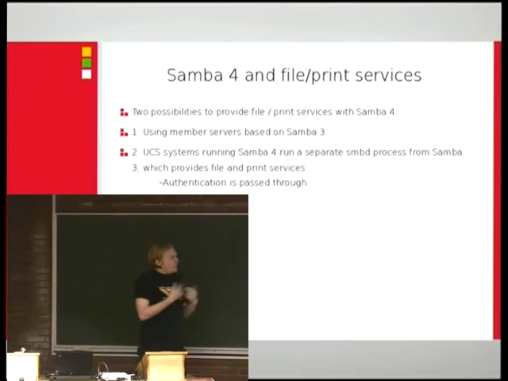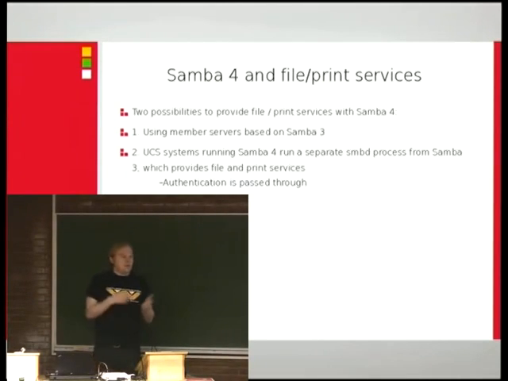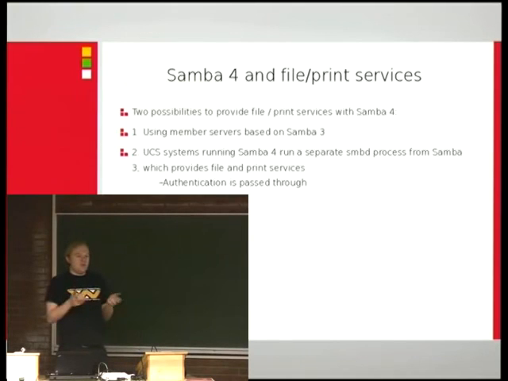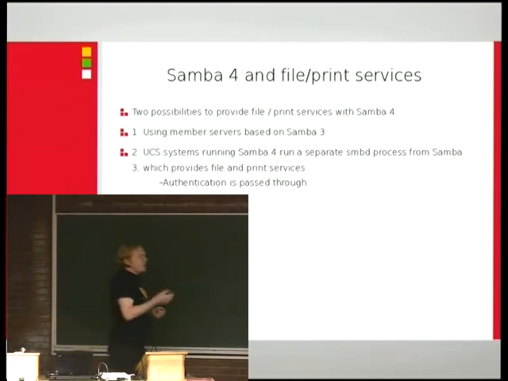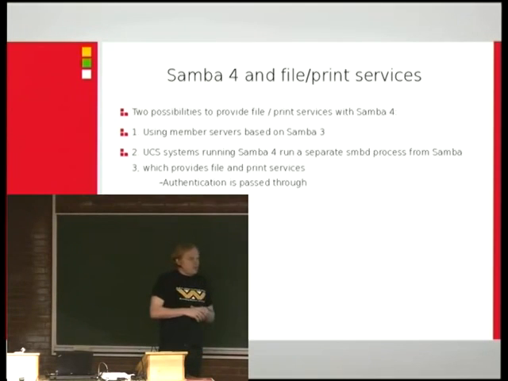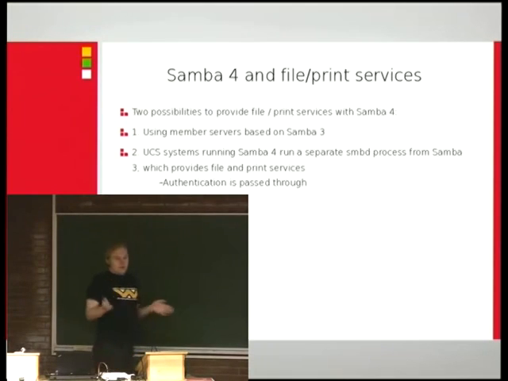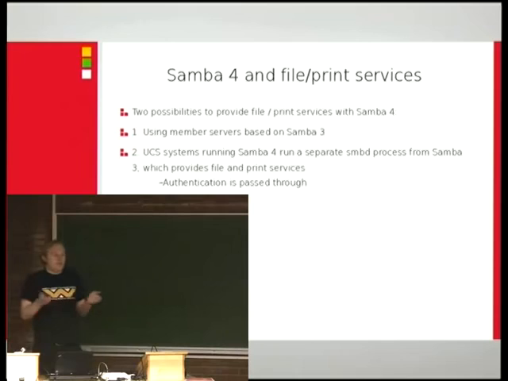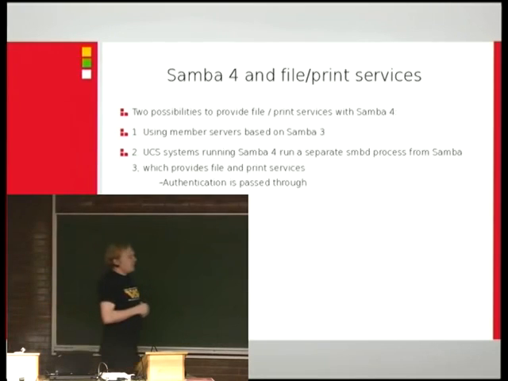And for these member servers, we still use Samba 3 because they don't require any of the services which require Active Directory. So we just use the standard, very robust and very feature-proven Samba 3 release.